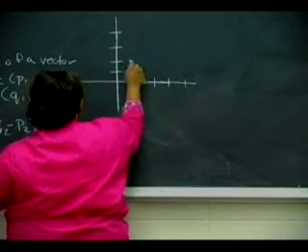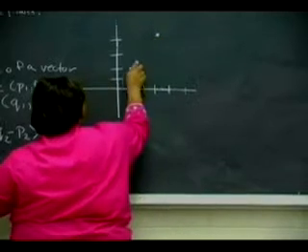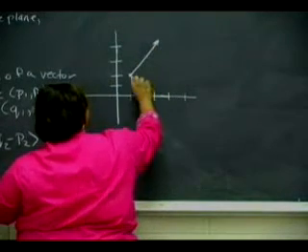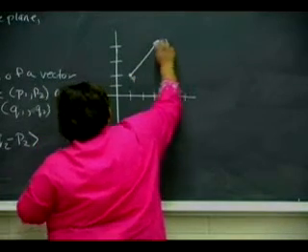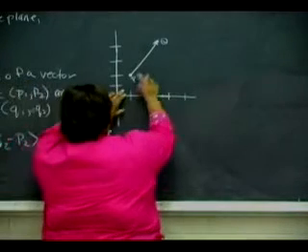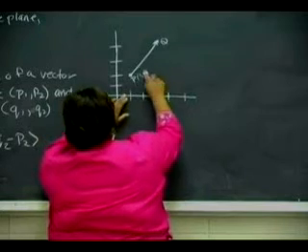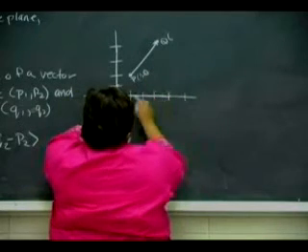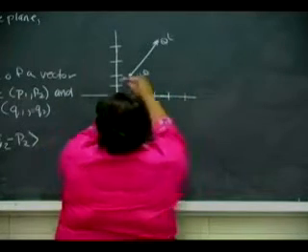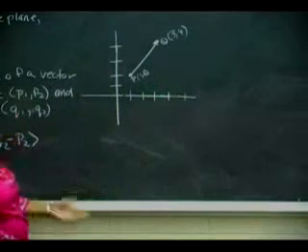Let's say this is my initial point and this is my terminal point. That's my vector. I call this my P and this my Q. Okay? This is the point 1, 2, right? And this is the point 1, 2, 3, 4? Okay, suppose these are my points.